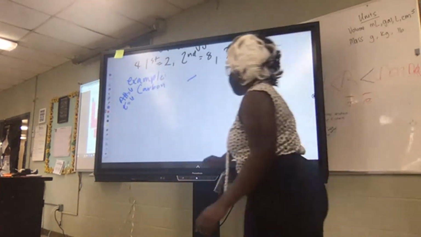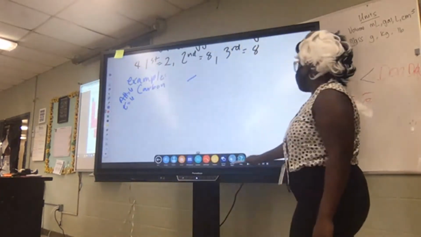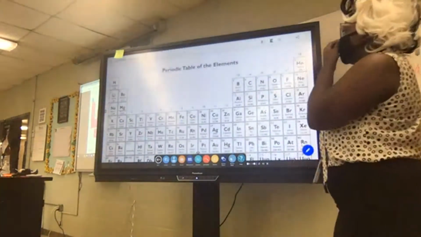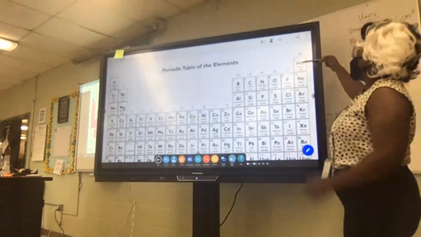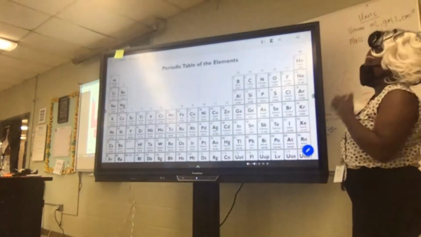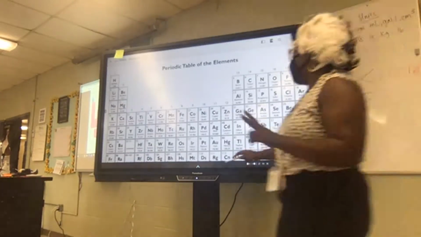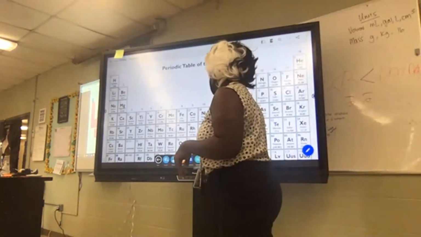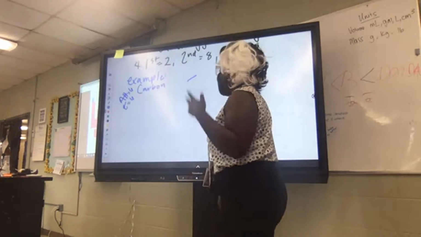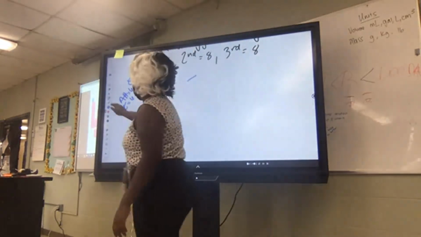Now I'm going to find carbon and see what period it's on. To determine the period, I look at the rows. This is my first row. This is my second row. So carbon's on the second period, meaning I'm going to have 2 rings.